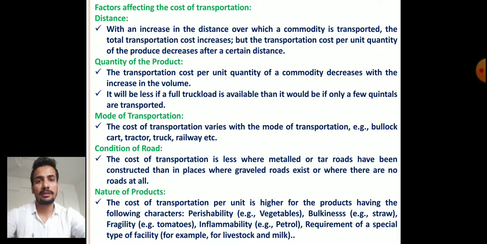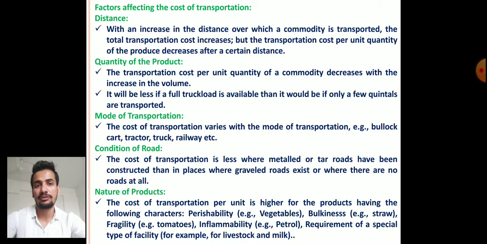It will take the same transportation cost if we transport 20 quintals. So as the volume increases, the transportation cost per unit decreases after a certain volume. It will be less if a full truck load is available than if only a few quintals are transported.